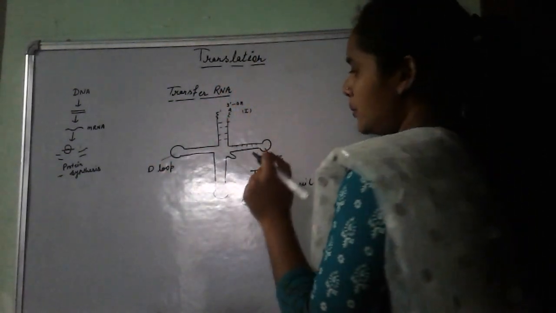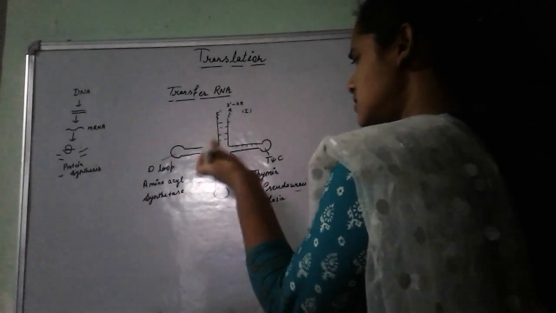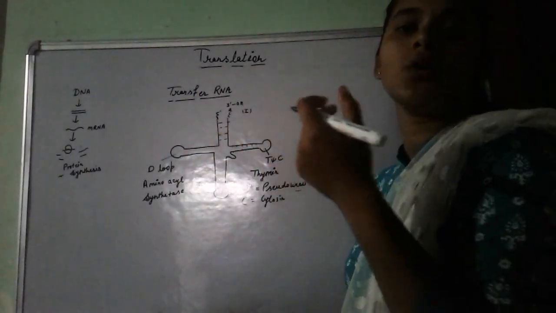Here the D loop is present. The function of this D loop is that it helps in amino acid synthesis, right? So this D loop helps in the formation of amino acid.